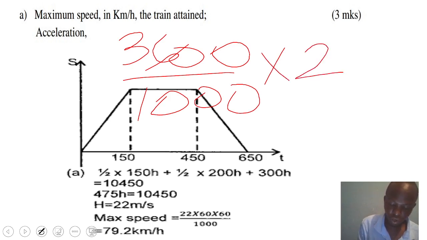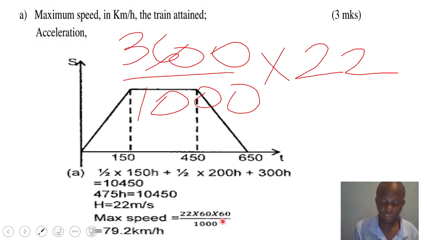In other words, from the solutions in this particular slide, you can see they have just said 60 times 60, which is the same as 3,600. We all know that 1 hour is equal to 60 minutes and 1 minute is equal to 60 seconds. So one particular hour is equal to 60 times 60 seconds, which is why we are doing that.